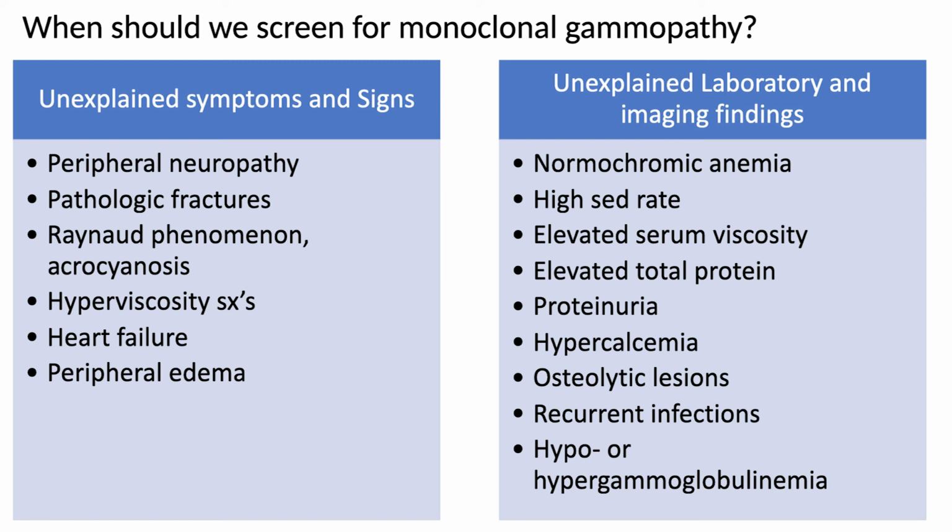When you have unexplained laboratory and imaging findings, it could be normochromic anemia, high sed rate, elevated serum viscosity, elevated total protein, proteinuria, hypercalcemia, osteolytic lesions, recurrent infections, hypo or hypergammaglobulinemia.